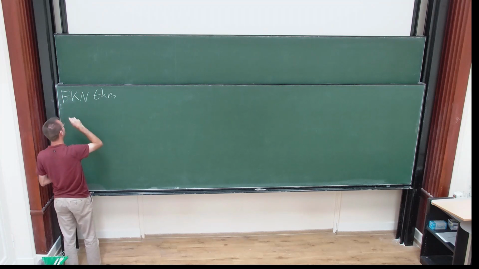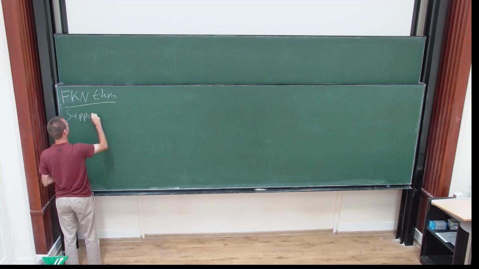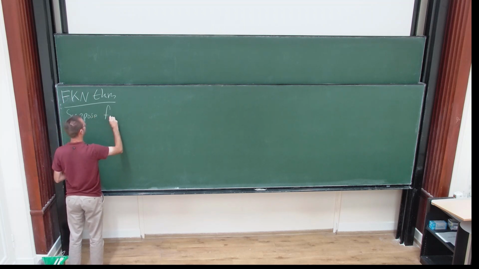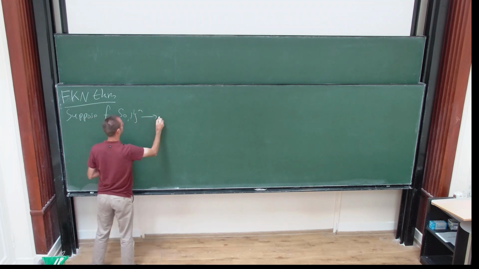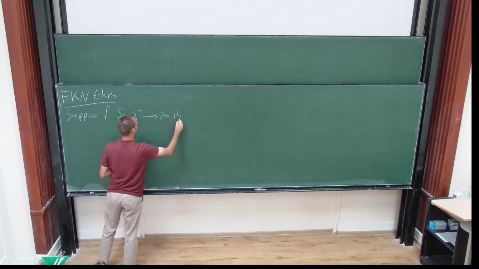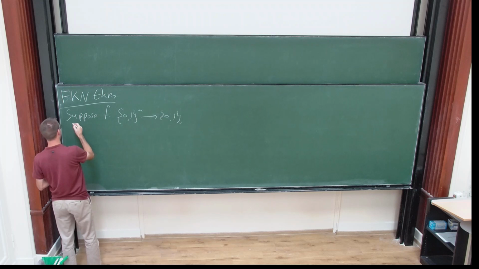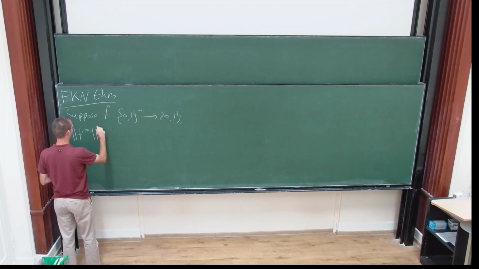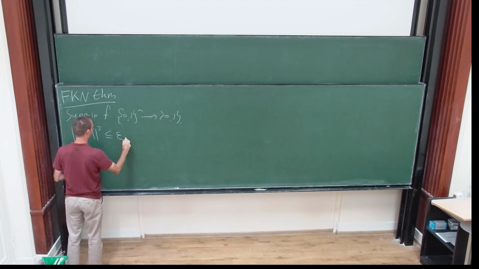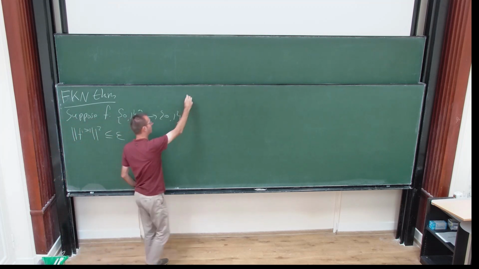Suppose f is a function from 0, 1 to the n to 0, 1. And suppose that it satisfies that the norm of f greater than 1, squared, is epsilon.